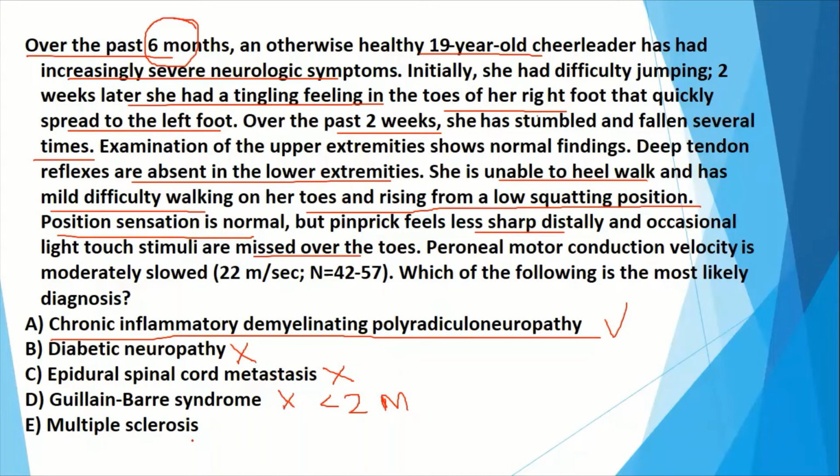Multiple sclerosis, option E. Multiple sclerosis would present in young females because it is an autoimmune disorder. It is more common in females in the reproductive ages, and it would present with some neurological manifestations such as weakness of the left limb, and then this neurological manifestation would be spaced by time and space.